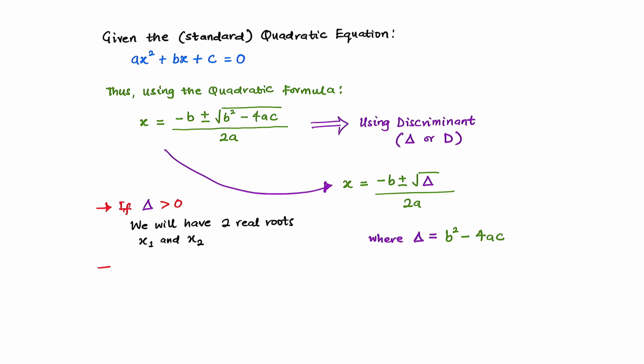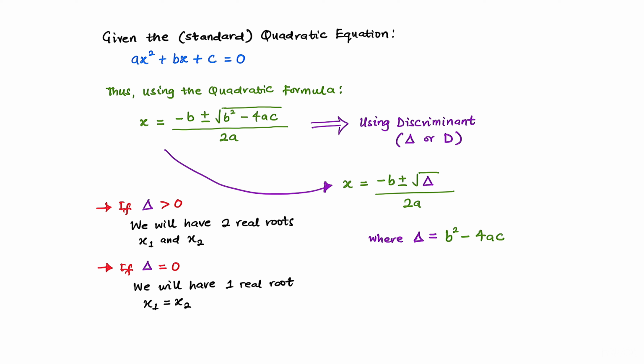The second situation is if the discriminant is equal to 0, that means we will have one real root, which means we will have only one answer. That means x1 will be equal to x2.